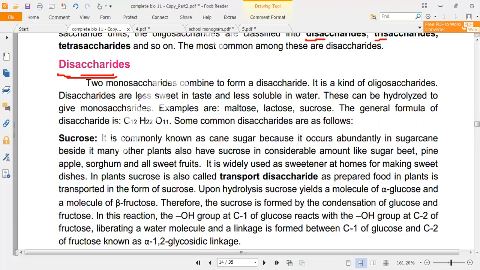Their properties: they are less sweet in taste and less soluble in water compared with monosaccharides, and they can be hydrolyzed into monosaccharides. When the bonds are broken down, they form monosaccharides. The most common examples are maltose, lactose, and sucrose, and the general formula is C12H22O11.